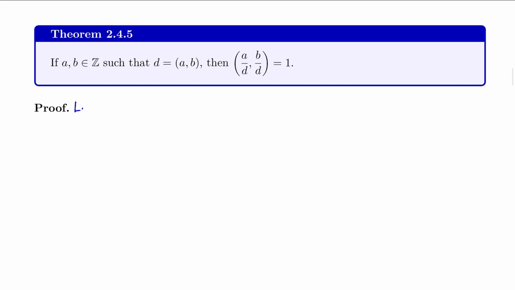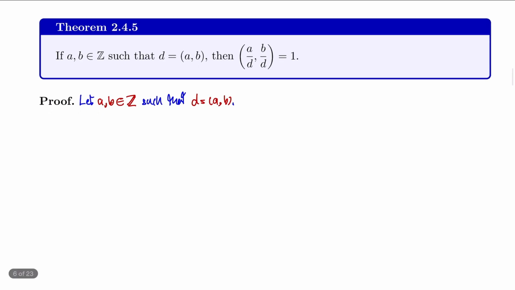So we have a and b integers such that d is equal to the greatest common divisor of a and b, and then let's write this.